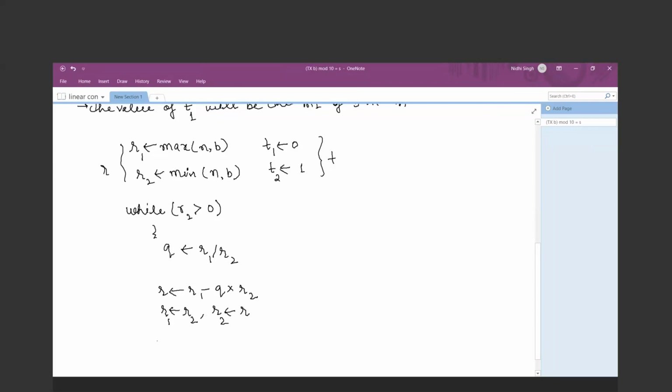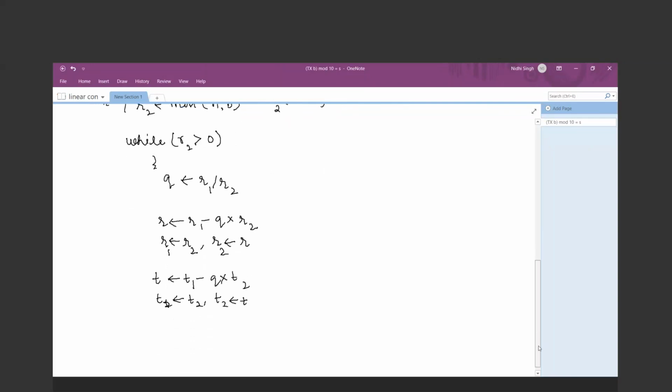Now the last update, that is the value of T. The same technique is used: T1 minus Q into T2, and then the left shifting update. The loop terminates when R2 is equal to 0.